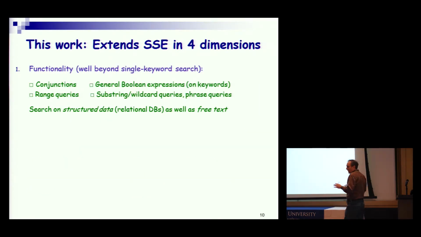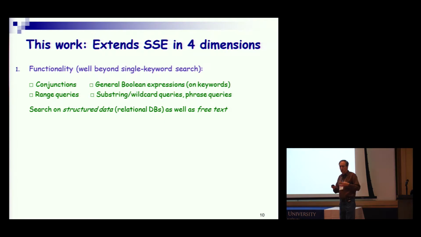So the work I'm describing here, I'm talking more about the what and not about the how, extends this state-of-the-art in four different ways. First of all, it provides much more query functionality than single keyword. So we do conjunctions. Actually, we do general Boolean expressions.